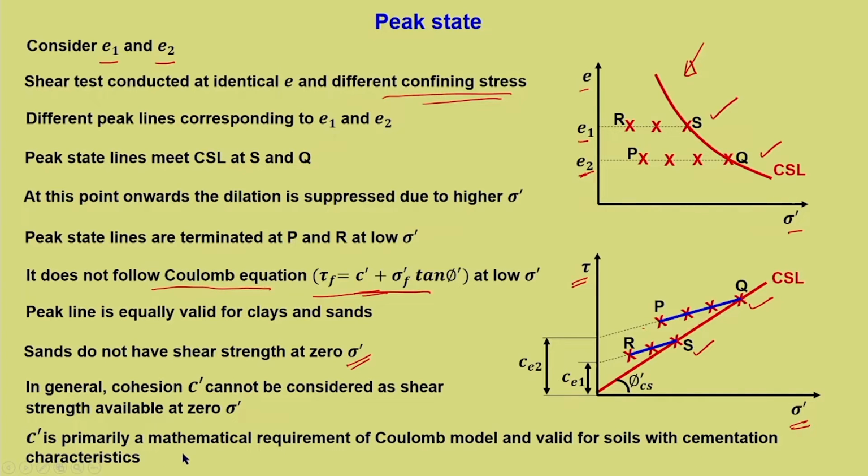Definitely one can say that soils which exhibit cementation characteristics can hold on their own even if there is no confinement. That can also be due to apparent cohesion, and apparent cohesion may not be available all the time, so we need to be careful about that.